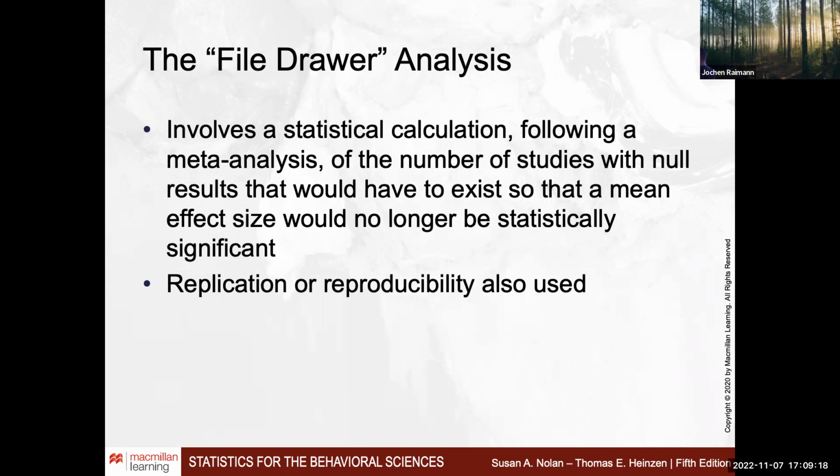A file drawer analysis asks how many studies you would have needed to put in a drawer and never publish to essentially move this considerably large effect size towards null. So you estimate the number of null or unpublished studies you would have needed to get a meaningless effect size. That's a file drawer analysis.